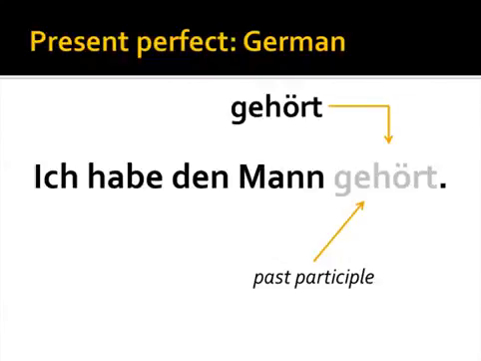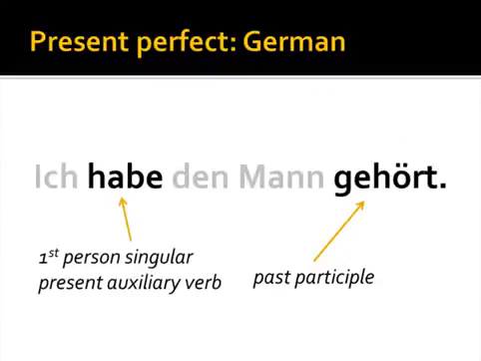So, hören goes to gehört. And that leaves us again with a two verb pattern of construction here. We have the first person singular present helping verb, habe, and at the very end of the sentence we have the past participle of the verb hören, which is gehört.